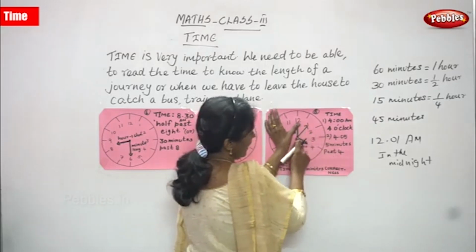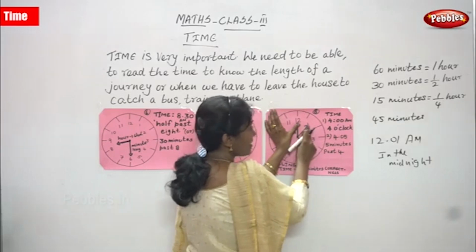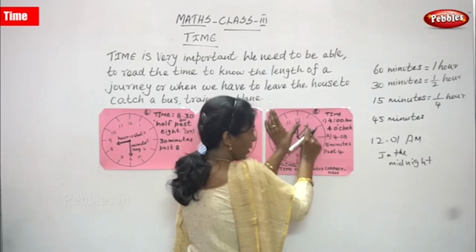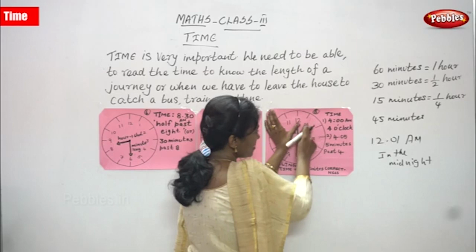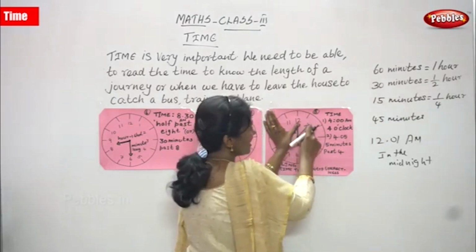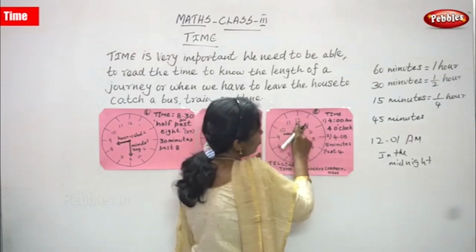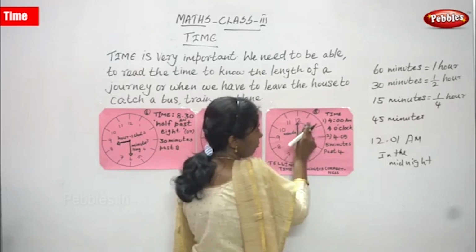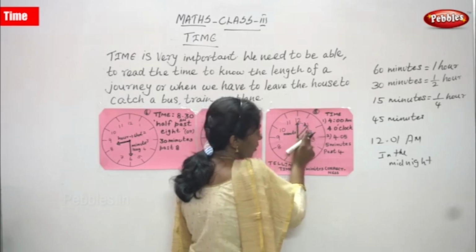Now it moves and reaches the time of 1. That is the minute hand, standing towards 1. I've told you each number is considered as minutes, so 1 is considered as 5 minutes. So this minute hand moves and reaches 1.